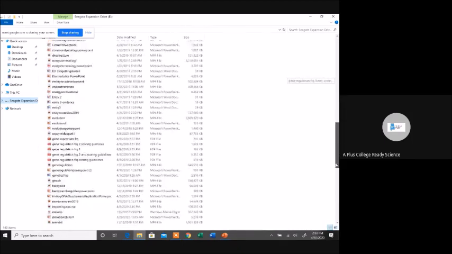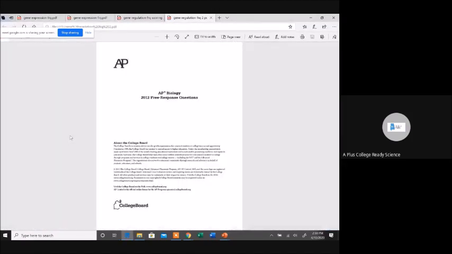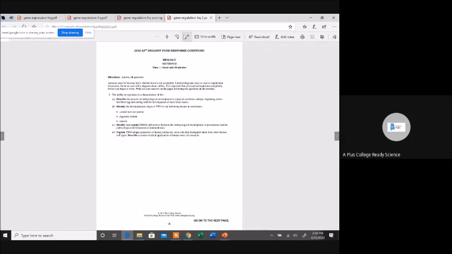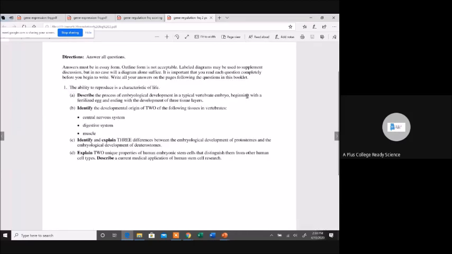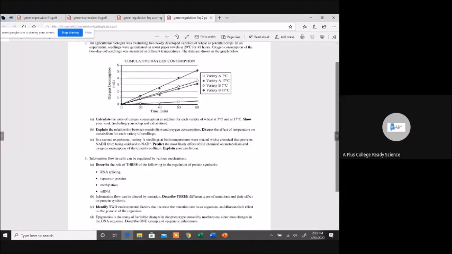All right, so we're going to go to gene regulation FRQ2. And let me find the question we're looking for here. So we're looking for question 3. Make it a little bit larger. Let's see if we can't scroll down a bit.